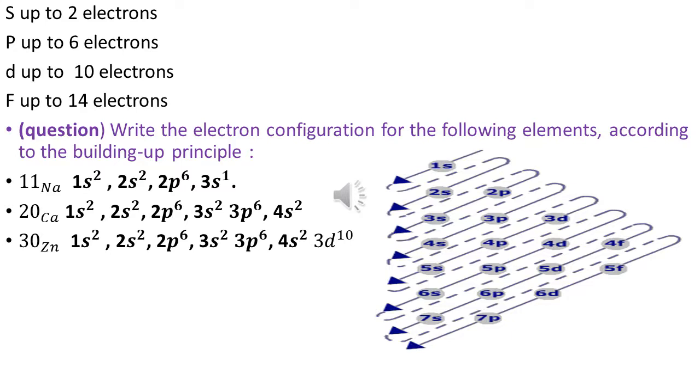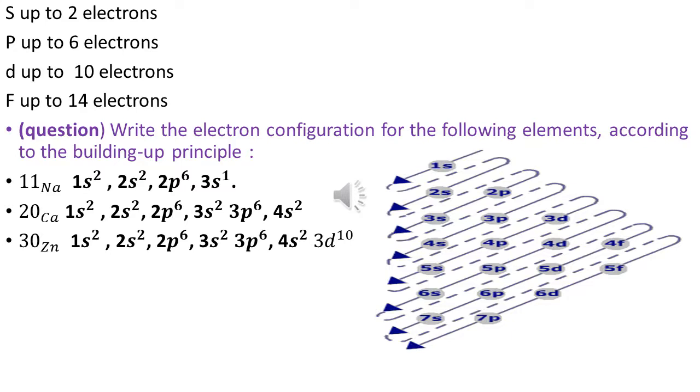Okay, question. Write the electron configuration for the following elements according to the Aufbau building up principle. Na, as we know, the atomic number of Na equals 11. So 1s2, 2s2, 2p6.